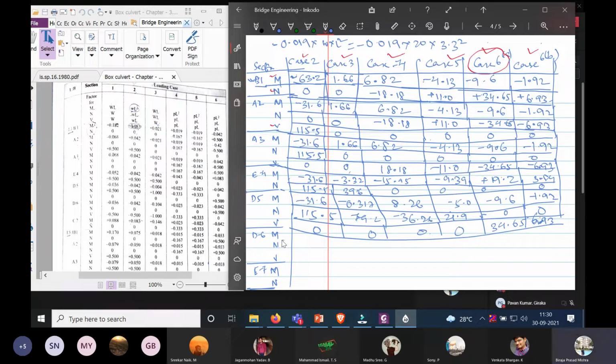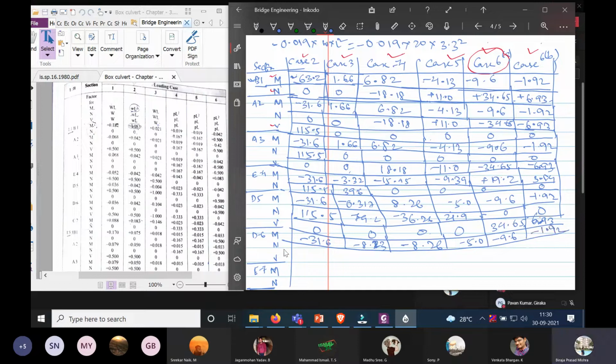Okay, now the moment for section D6. It is minus 31.6, then minus 8.23, then the next value is minus 8.26, the next value is minus 5.0, minus 9.6, then minus 1.92.